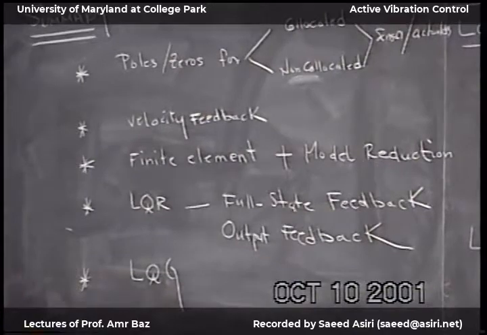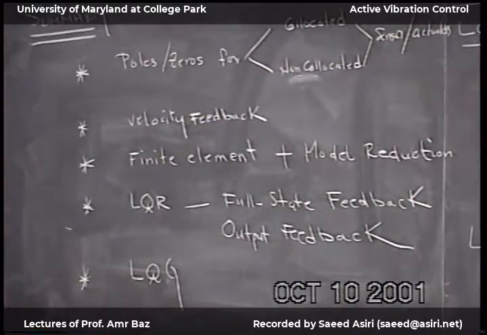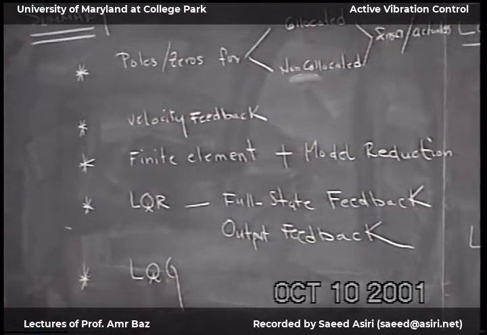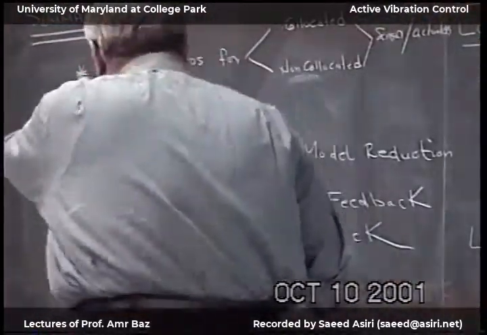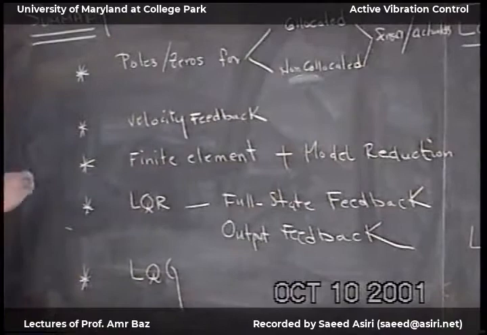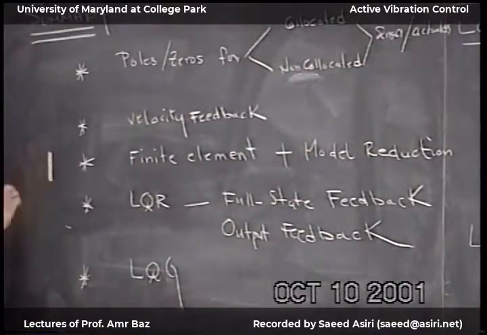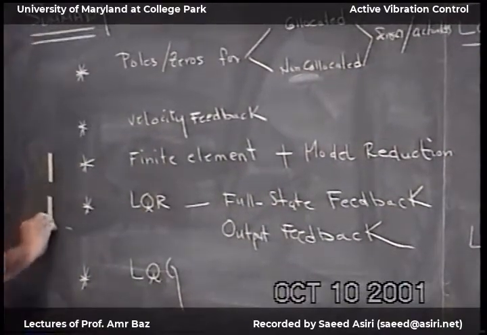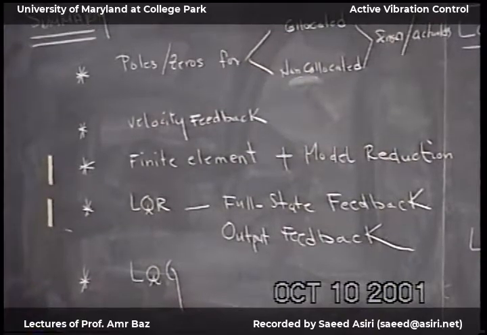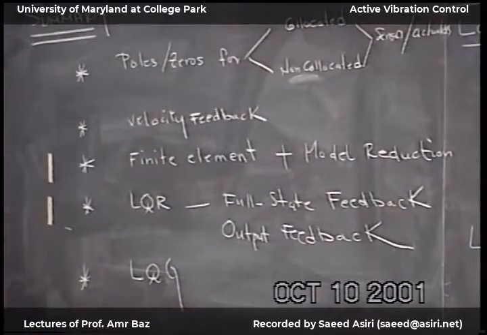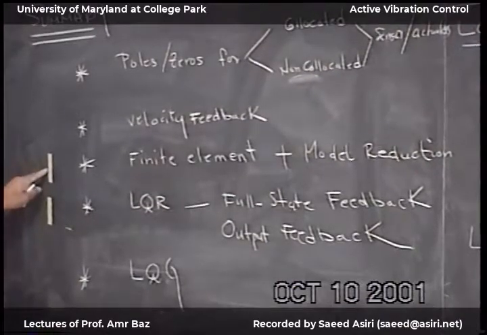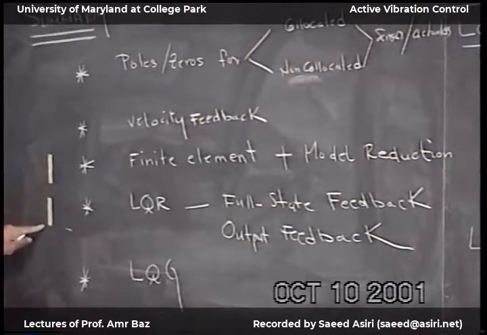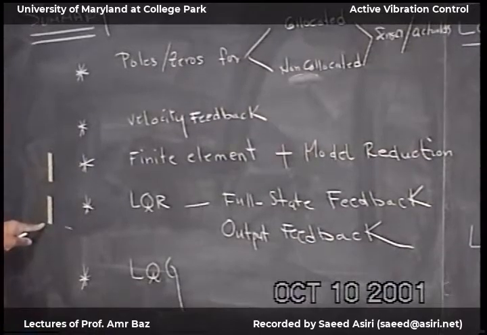So the exam will have one problem of each. Is that fair? Too much? Okay. So we'll have one problem from here, and then one problem from here. That's fair. So we'll have one problem finite element, one problem LQR.